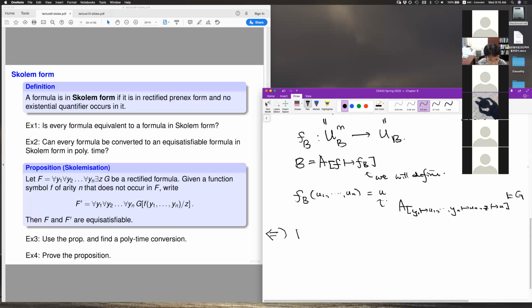Suppose for the other direction we have some structure B which satisfies f prime.